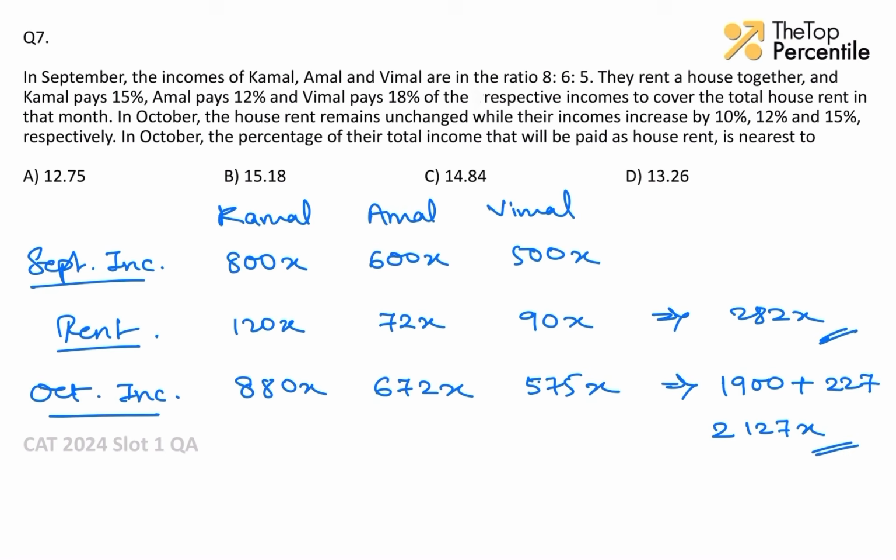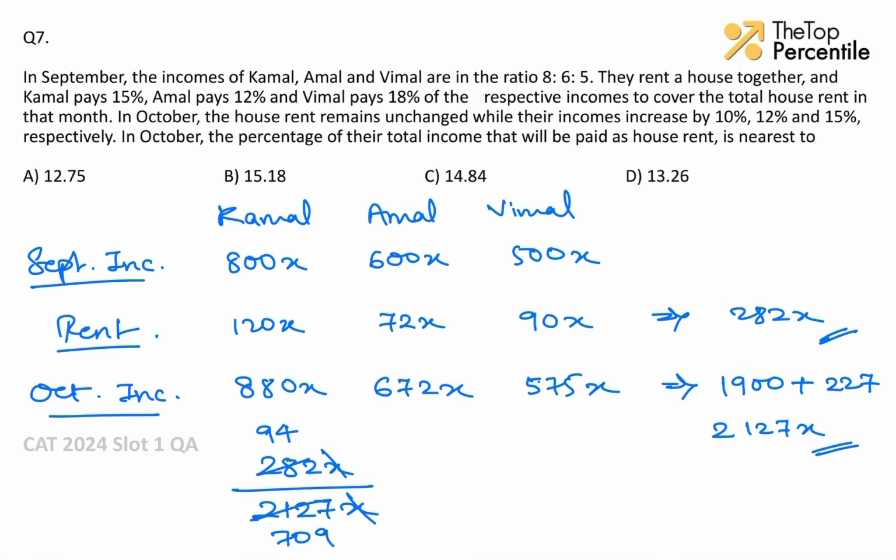Now I have rent and October income, and I need to find rent as a percentage of the total income. This can be divided by 3. 3 nines are 27, 3 fours are 12, 3 sevens are 21, 3 nines are 27.